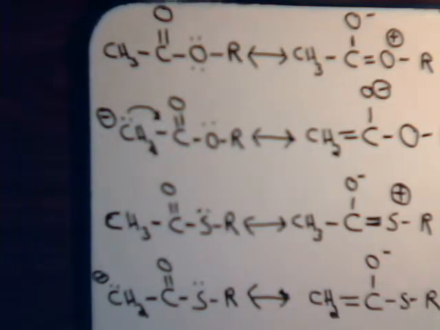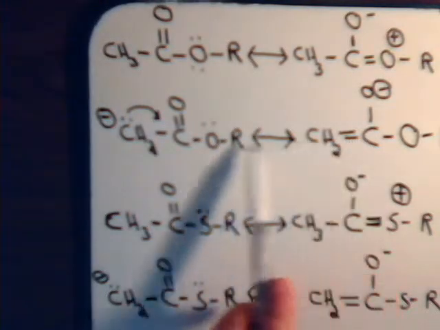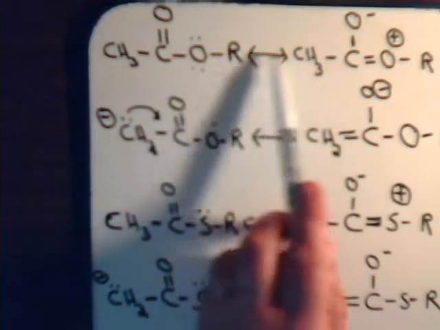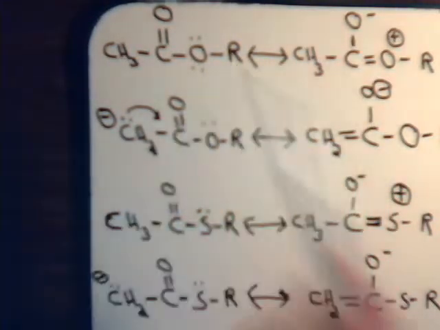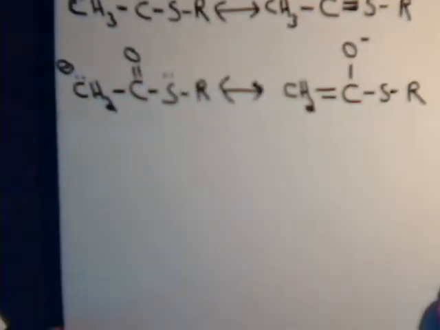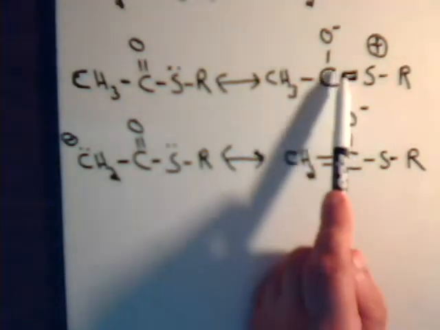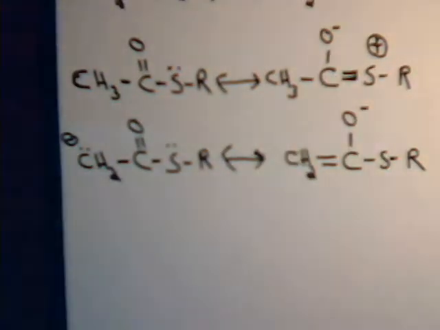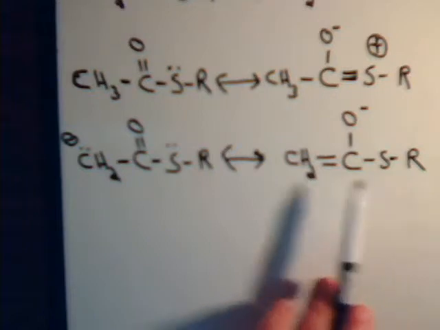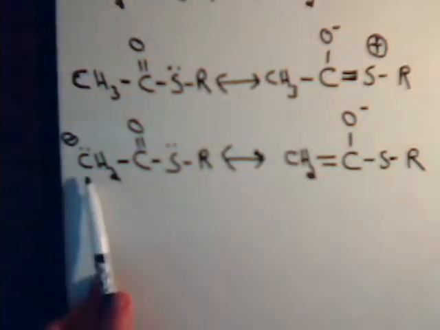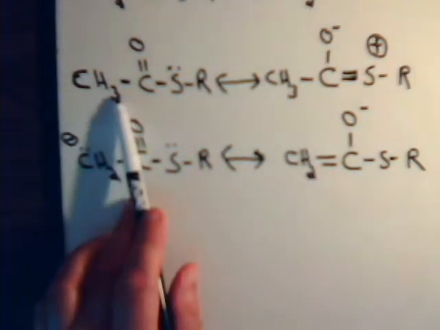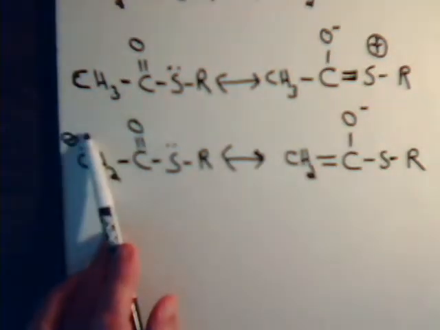And the reason is when you have an oxygen-based ester, you can have this kind of resonance, or you can have this kind of resonance. Here, with the thiol ester, this double bond here, because of the mismatch of the pi orbitals, is not likely to form. So almost all the resonance is here involving then this carbon losing a proton.